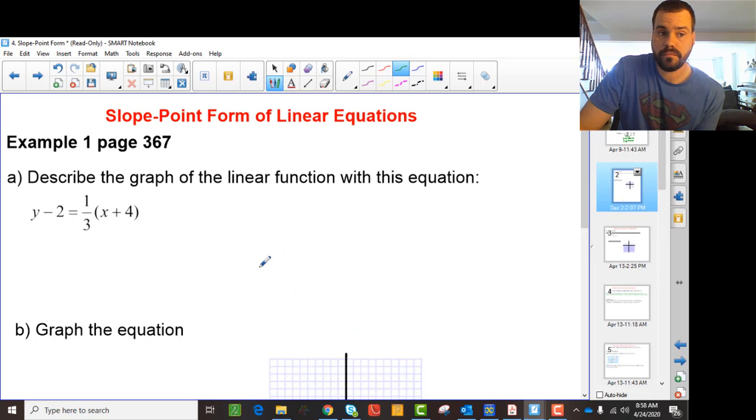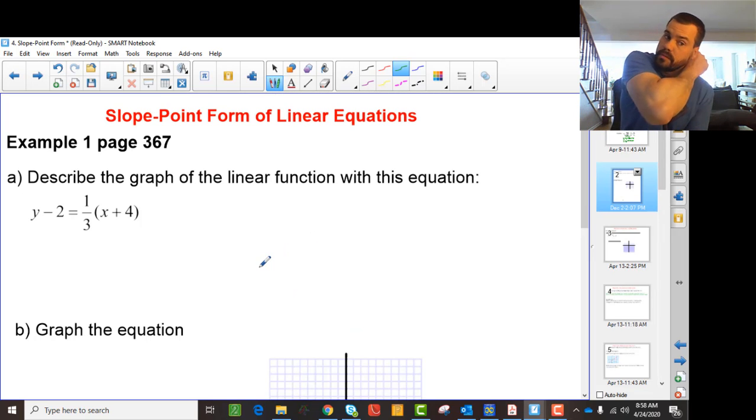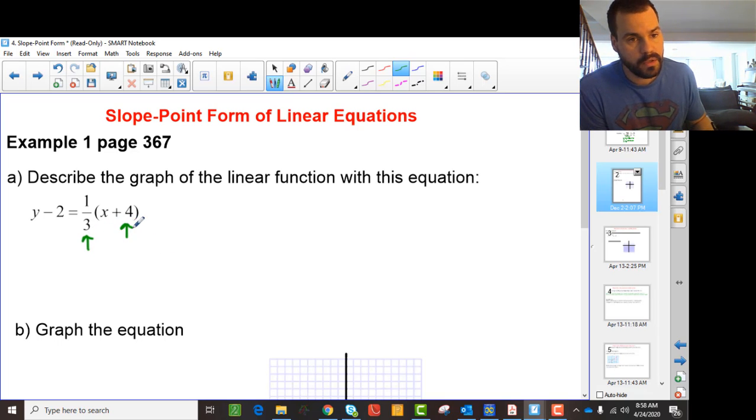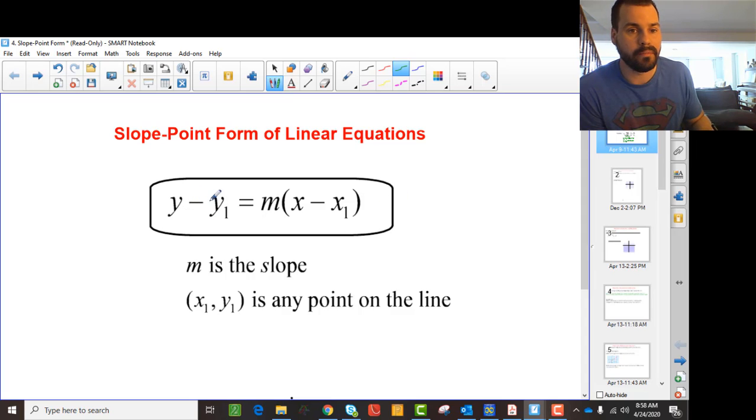So if we want to describe something that's in that form, this tells me the point and the slope, these three pieces of information. But you have to be careful, because if you look back here for a second, it's y minus y1. So whatever this sign is goes with y1. But this is in brackets. It's x minus x1.